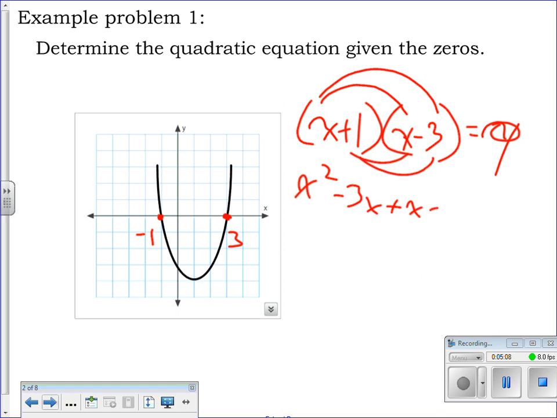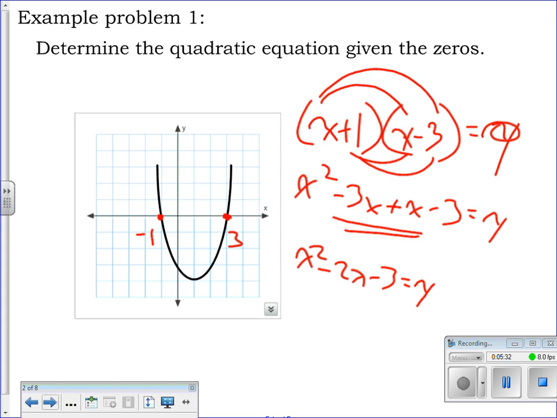And your last terms, negative 3 equals y. And then what do we do? Combine the like terms in the middle. x squared minus 2x minus 3 equals y. That's what we're looking for on this one. That is the equation that gives us this graph.